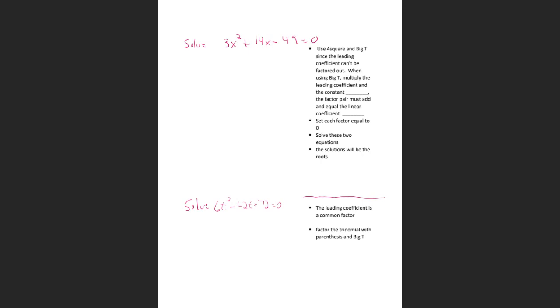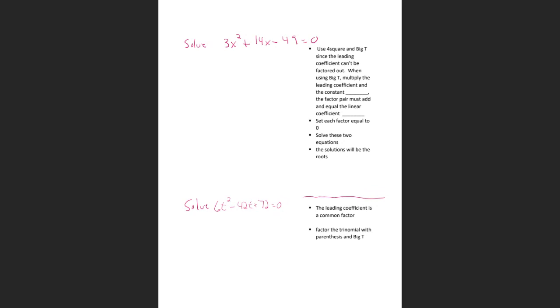So let's now take it to this next level. Solving equations like this. We have 3x squared plus 14x minus 49 equals 0. I've been a big fan of this 4 square thing, but I'm discovering it's not all cracked up for these types of questions.